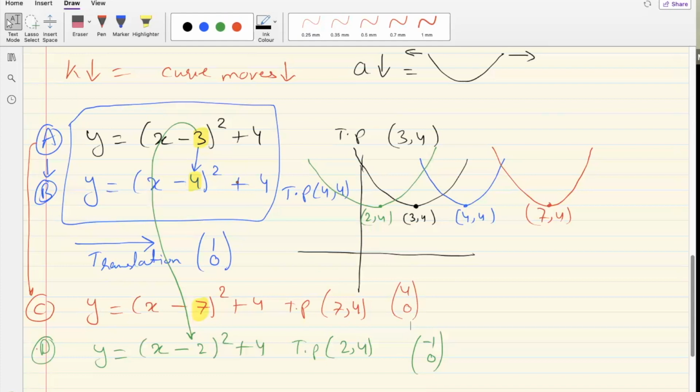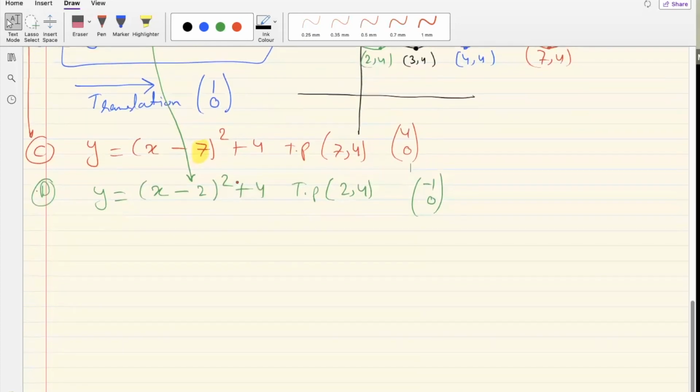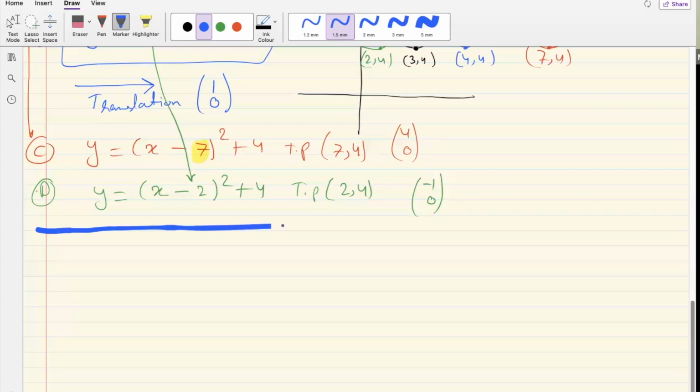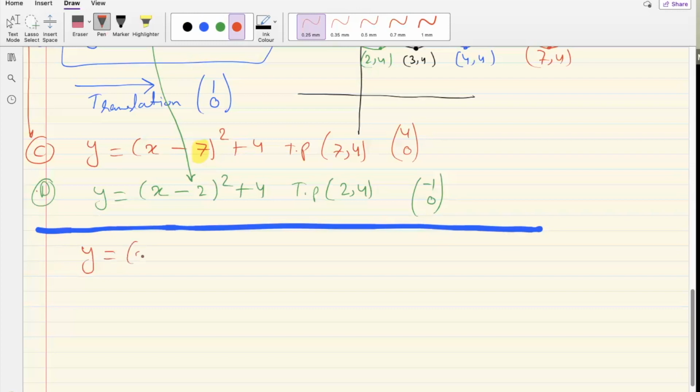Now let's try k. y = (x - 3)² + 4, and the graph will look like this, 3, 4.